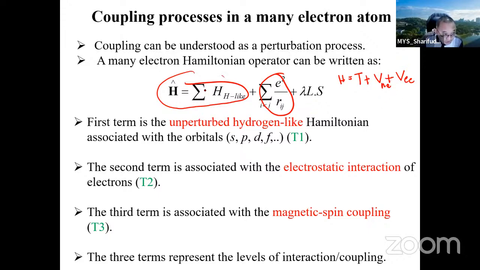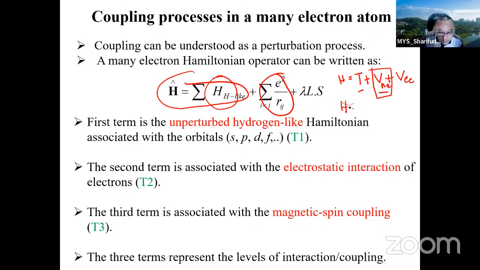So this H constitutes T and VNE. I've mentioned earlier that VNE cannot be ignored. But the T of N, you have T of N here.